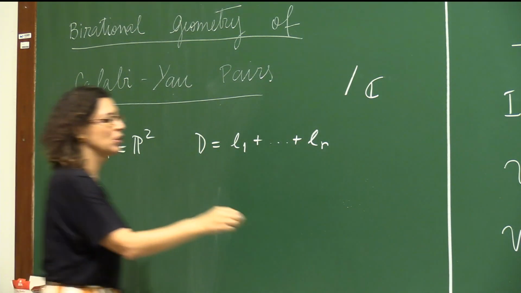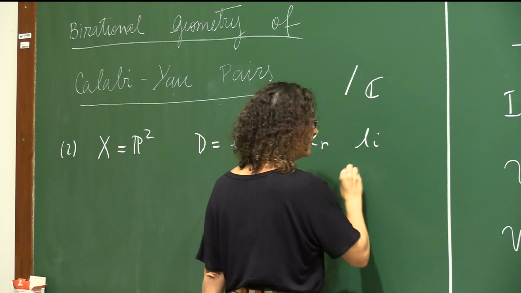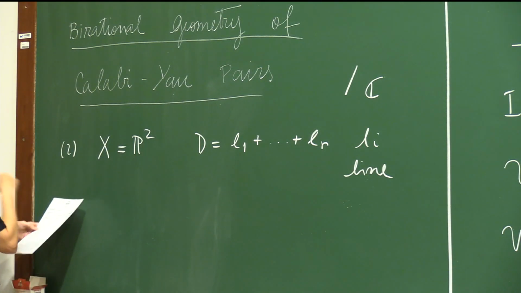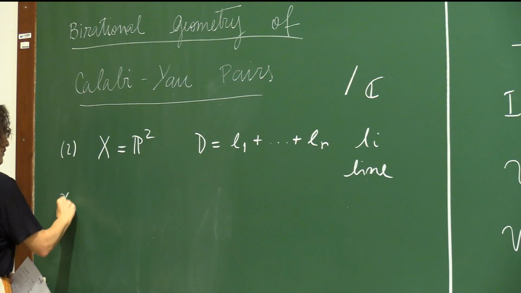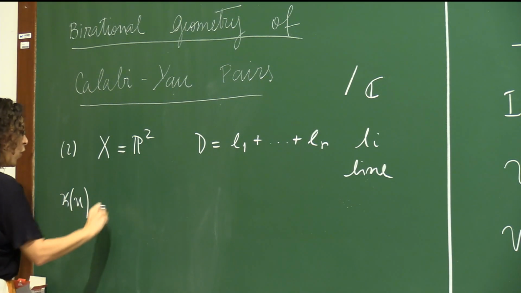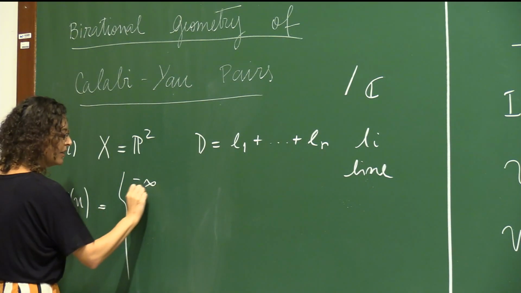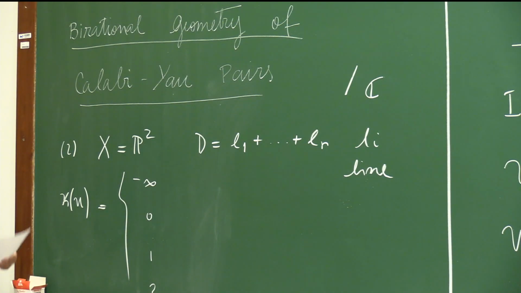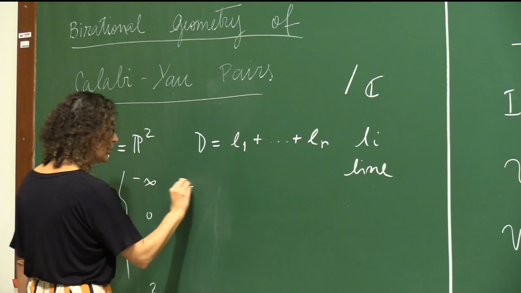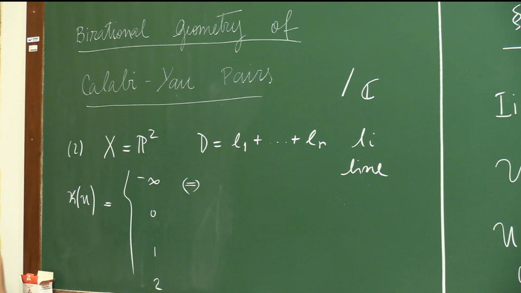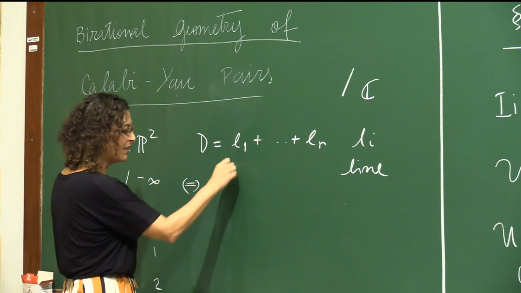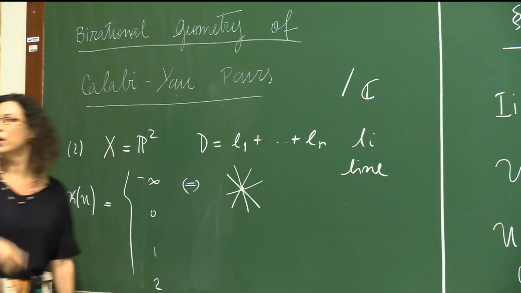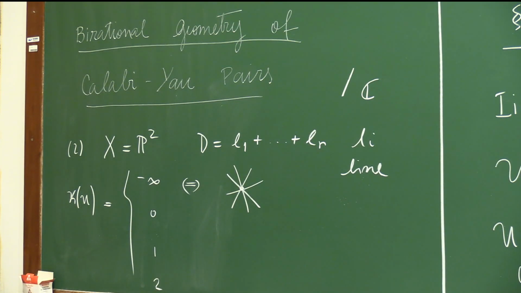Suppose they are all lines. Then, again, we have a classification of the Kodaira dimension of the open variety. It can be minus infinity, 0, 1, or 2. The Kodaira dimension is minus infinity if and only if this divisor consists of lines all passing through a point. Doesn't matter the number of lines.